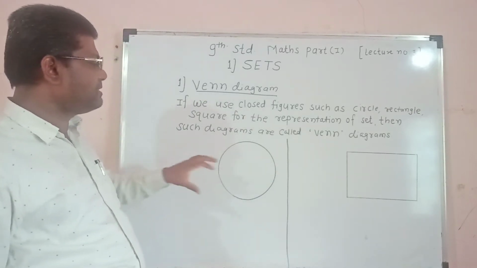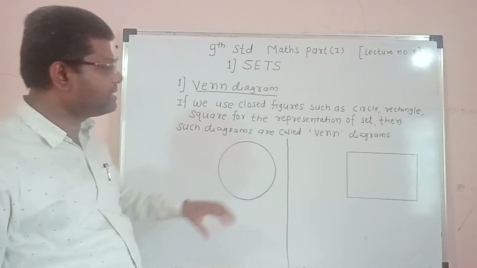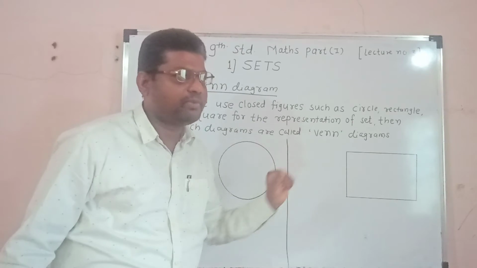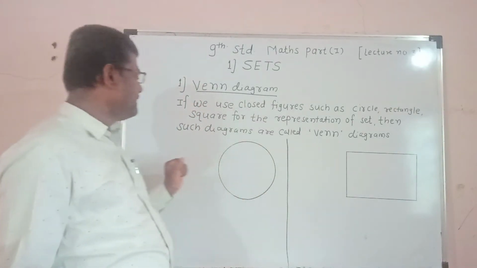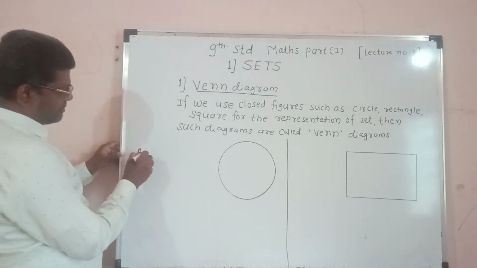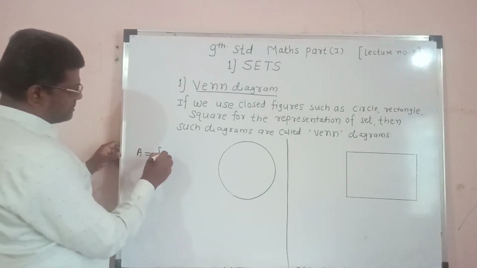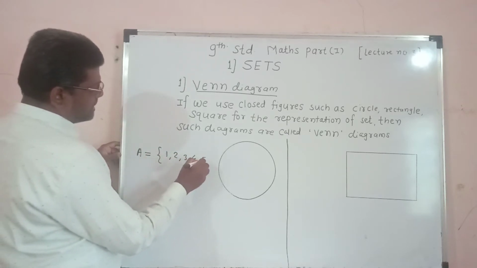In Venn diagrams, elements of a set are written inside the closed figure and the name of the set is written by a capital letter in it. Suppose we have been given a set A = {1, 2, 3, 4, 5}.